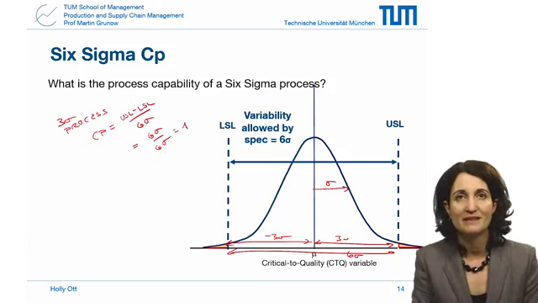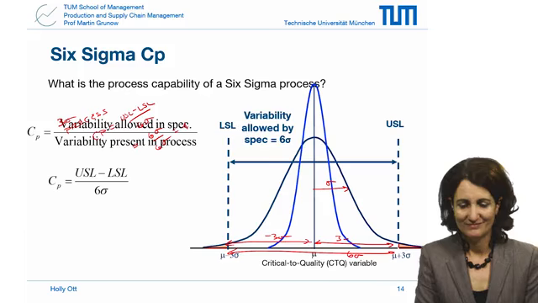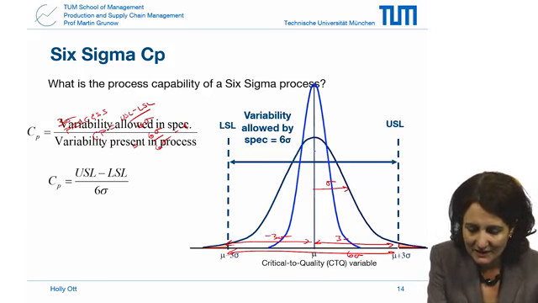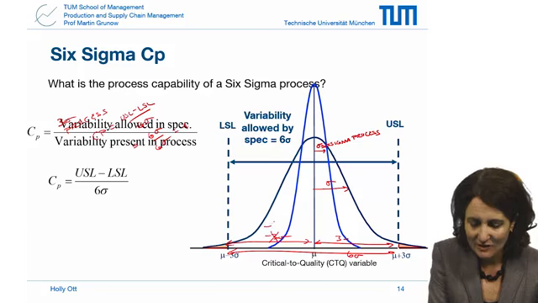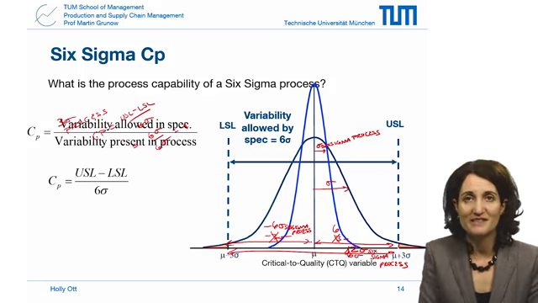What is the process capability for a 6 sigma process? Here we show the 6 sigma process, and we can show that the sigma, I'm going to call it sigma for the 6 sigma process, here we're going to have plus or minus 12 sigma for the 6 sigma process within our upper and lower spec limits.